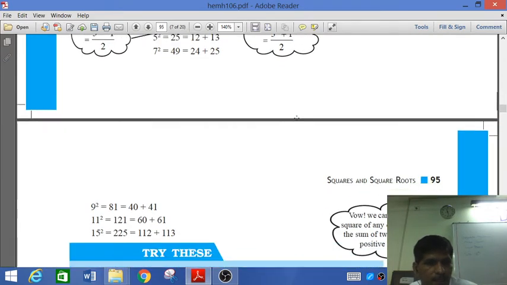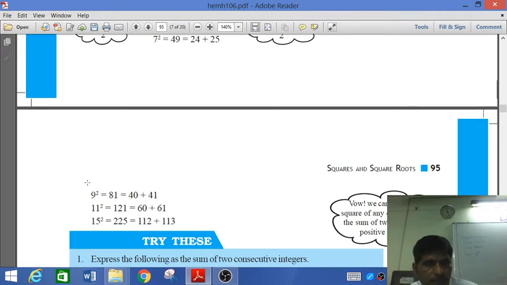I am explaining this with an example: 9 square is 81, 81 minus 1 divided by 2 is 40, 81 plus 1 divided by 2 is 41. So that way we can try.